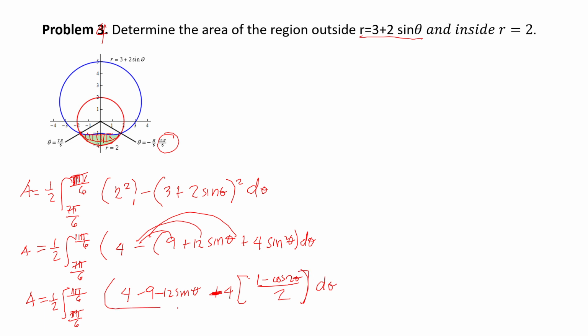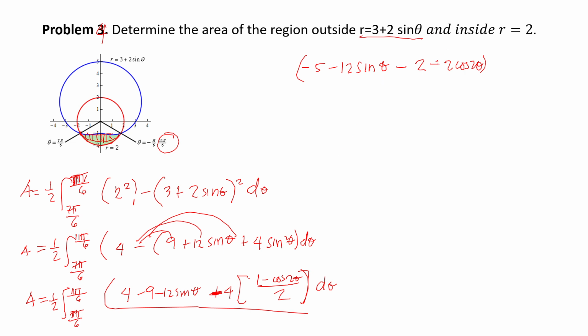So let's simplify this first. This is negative 5 minus 12 sine theta minus 2 minus 2 cos 2 theta. Okay, we have to simplify further.